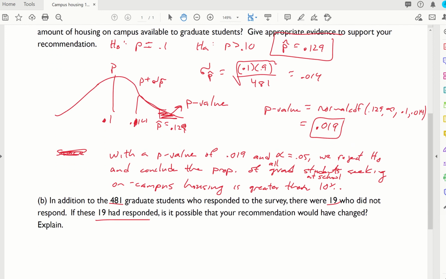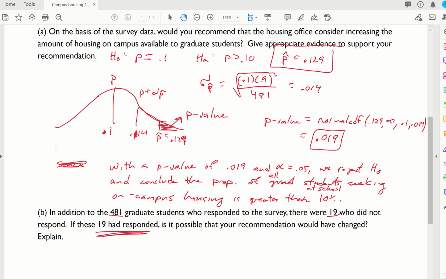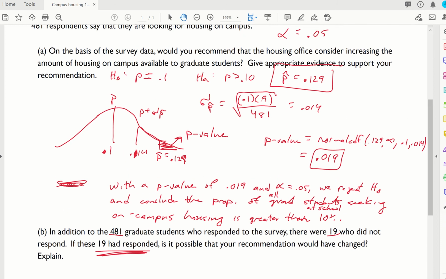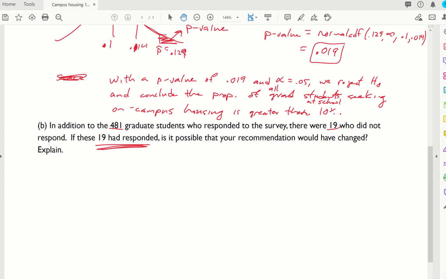The way that could change is if the majority of these 19 responded against wanting housing. So let's assume they all did, so we still have the 62 who said they were looking for on-campus housing.